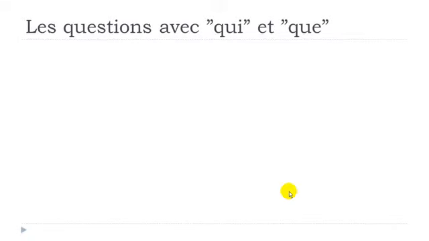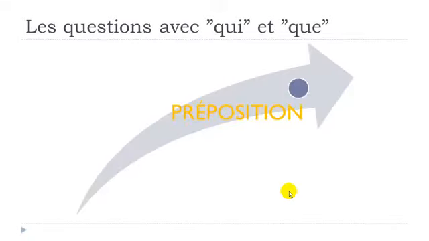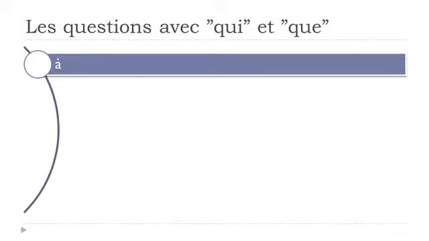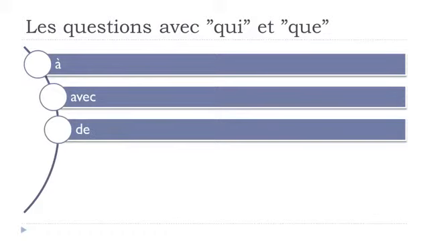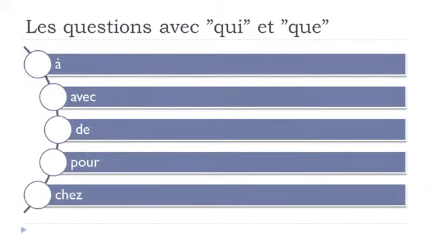All right. So now remember that we can, of course, construct these things with preposition, okay? Just because in French we've got verbs, and verbs are in some cases constructed with preposition, so you will need to remember these things. So preposition can be à, avec, de, pour, and then chez. Okay?